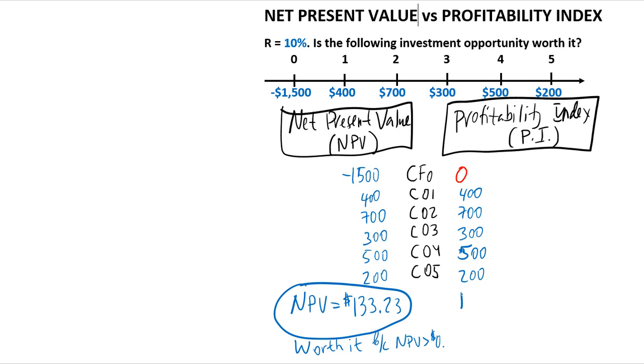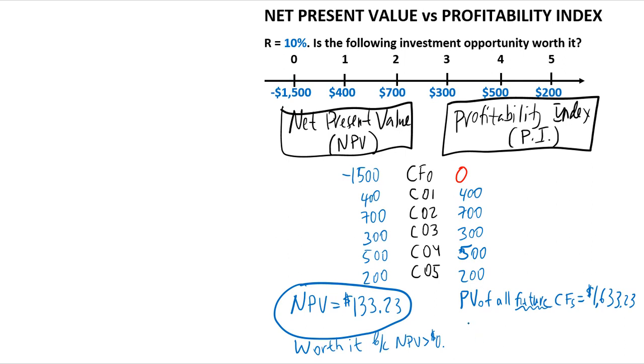So what we have is the present value of all future cash flows, and we found it to be $1,633.23. So at this point, we have not considered the initial investment of $1,500, right?